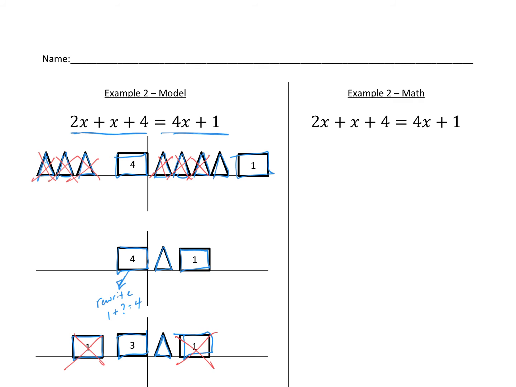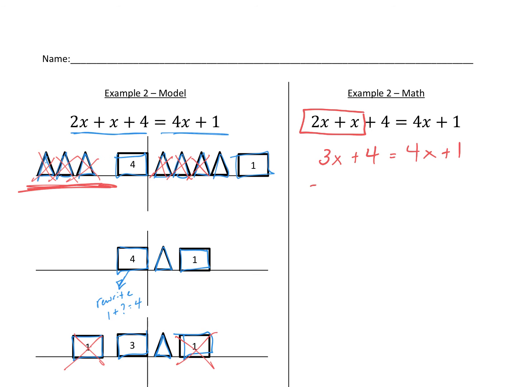So instead, I'm going to take this x and this 2x, and I'm going to group them together to make 3x. And I can do that because when I looked at my pawns, I had 3 pawns. So we're just using x in place of pawns. So I still have 3 x's, just like I had 3 pawns.